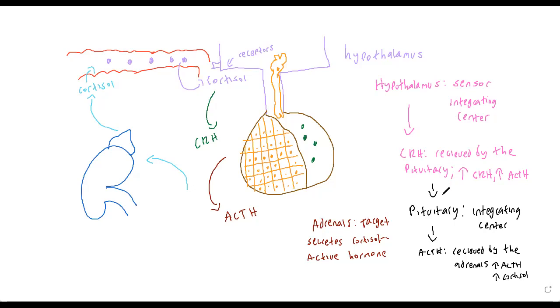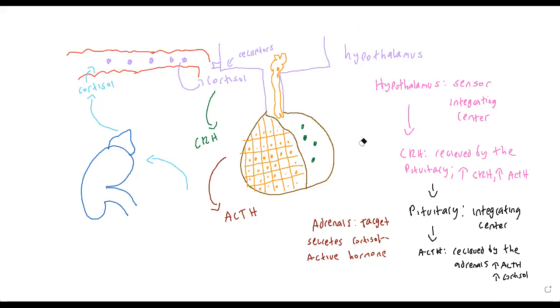It's called an integrating center because it determines a response. ACTH is going to bind with the adrenals, which act as the target, and it is going to secrete cortisol. The amount depends on ACTH.